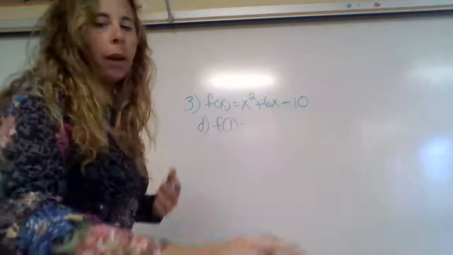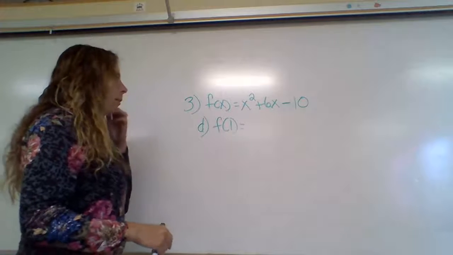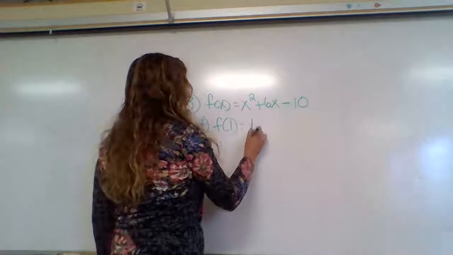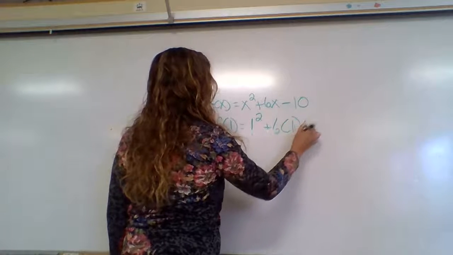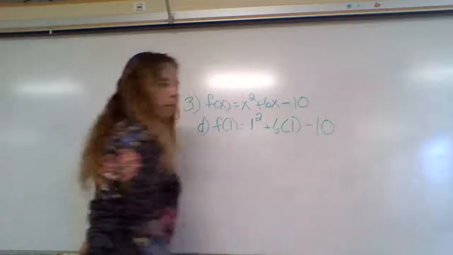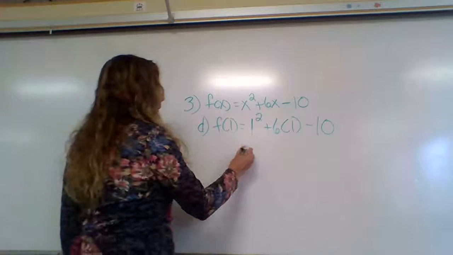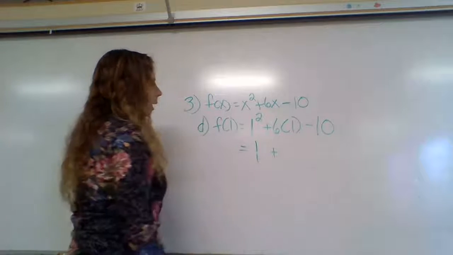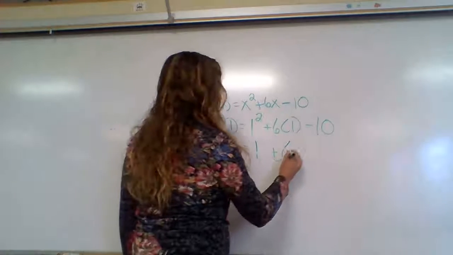One more. All right, the last one for number 3 is D, f of 1. So I'm substituting 1 in for x. So that would be 1 squared plus 6 times 1 minus 10. Here we go. 1 times 1 is 1. 6 times 1 is 6 minus 10.